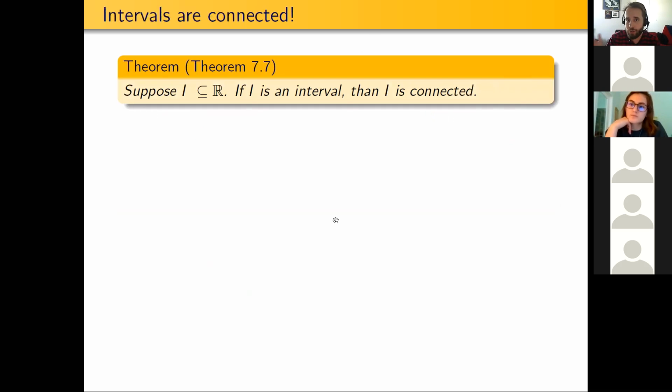In other words, the issue from the beginning of this lecture, the 0 to 3 interval, we still haven't rigorously shown that it is connected. So 7.7 proves that converse statement. So connected sets are intervals, or a set is an interval if and only if it is connected. Great.